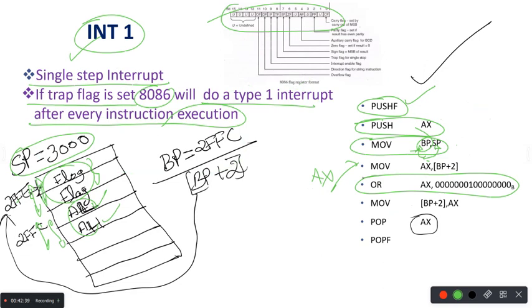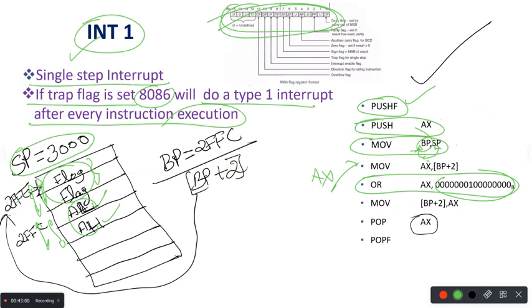What are you trying to check by making OR operation of AX with this? Check the content of this 16-bit flag register. Which bit does this 1 correspond to? Trap. You're checking whether trap flag is set or not.